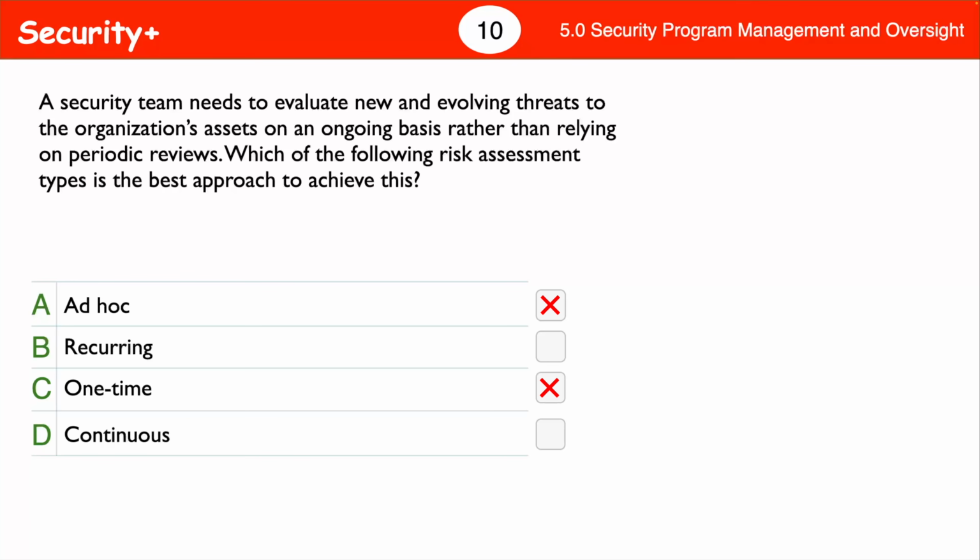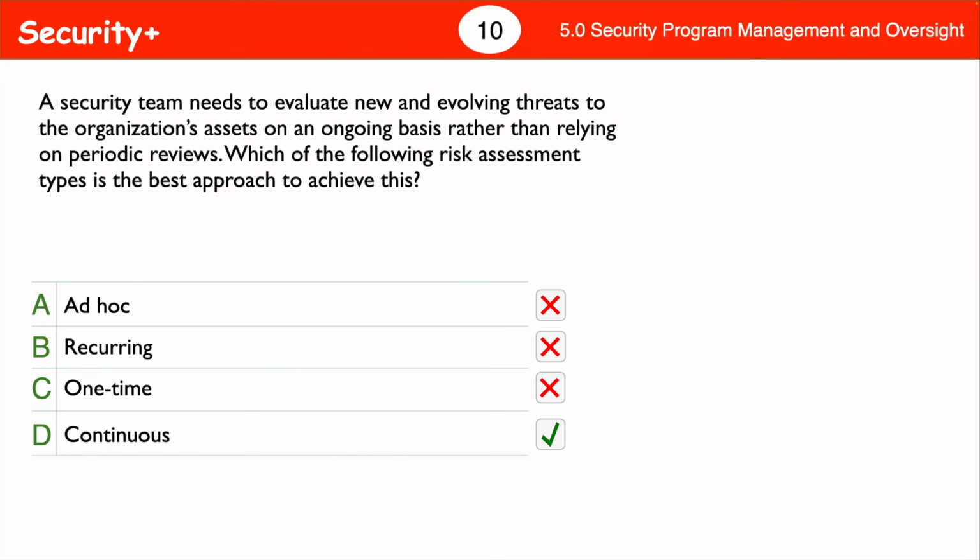So now it's between B, recurring, and D, continuous. Both are very similar and can trip you up on this question, but the key phrase, new and evolving threats, kind of gives you the answer, right, if you think about it. With that said, the answer is D, continuous. Continuous risk assessment involves ongoing monitoring of threats, vulnerabilities, and the security posture.